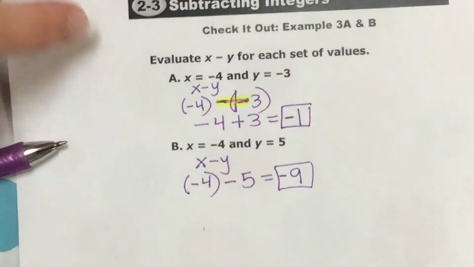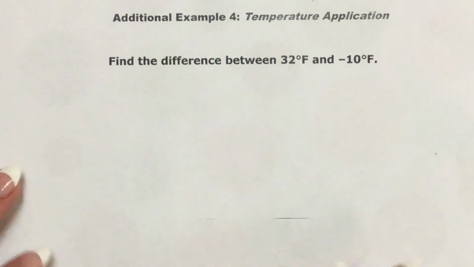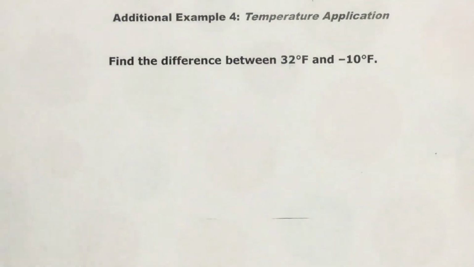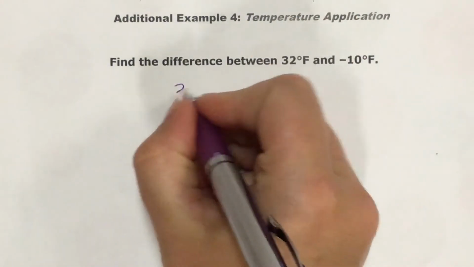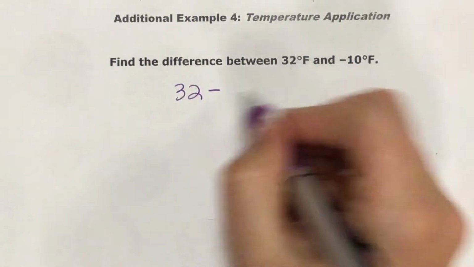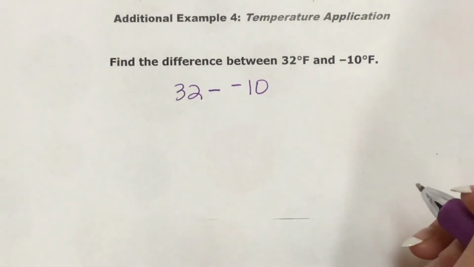Okay, we are still moving, ladies and gentlemen. We're going on to example number 4. It is a temperature application. What it states, it says find the difference. Remember, the difference is the answer of a subtraction problem between 32 and, so we're going to put the subtraction sign, that's where we put that, and -10 degrees.